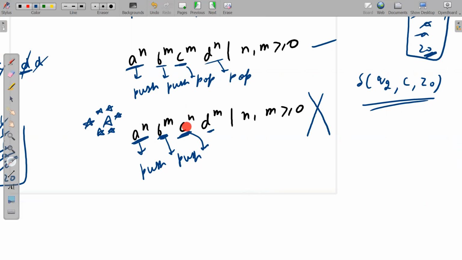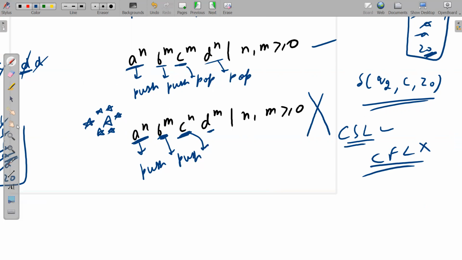Whenever C comes, how will you access A's? You can access only B's because B's are on the top. So we are not able to construct a PDA, or even an NDPDA, for it. Hence, this language will be CSL. This won't be CFL. Please note it down carefully.